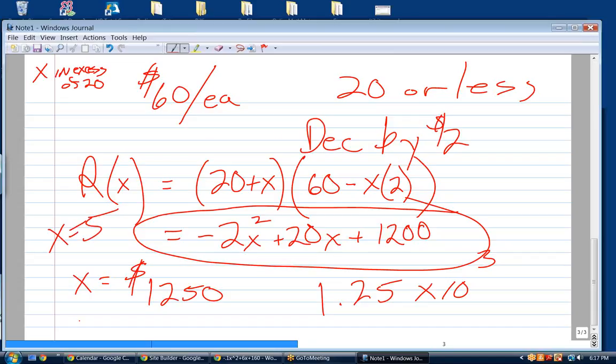And each passenger is going to pay how much? Well, you subtract 2 for each extra, so you have 60 minus 10, which would be 50. So we have 65 times 50. Is that $1,250?